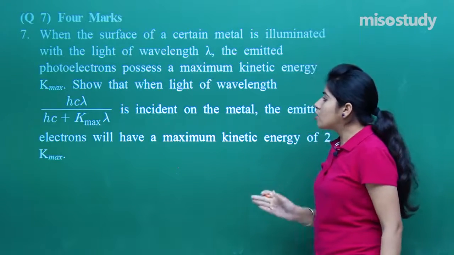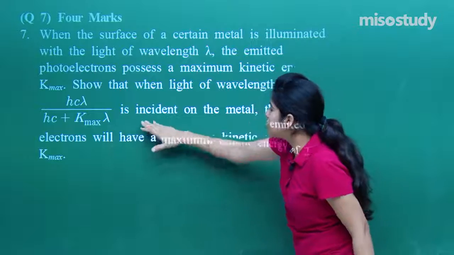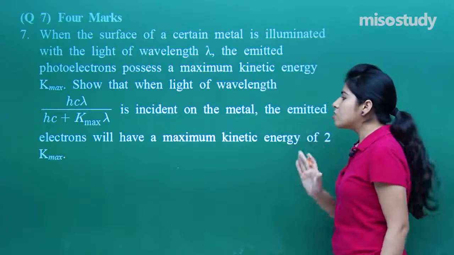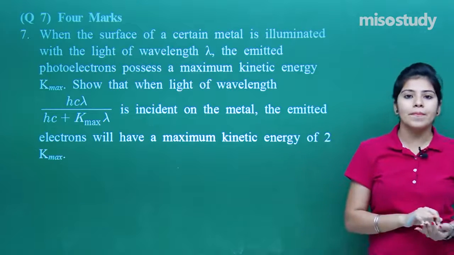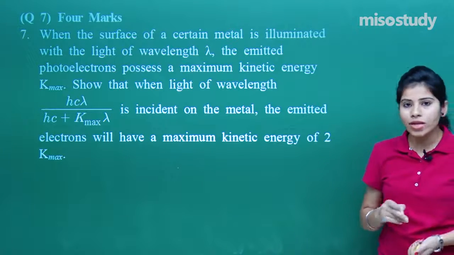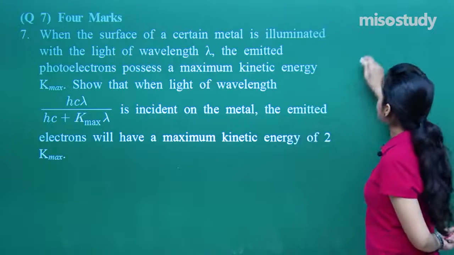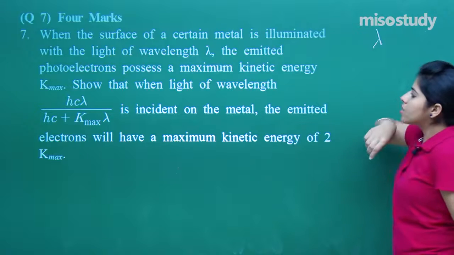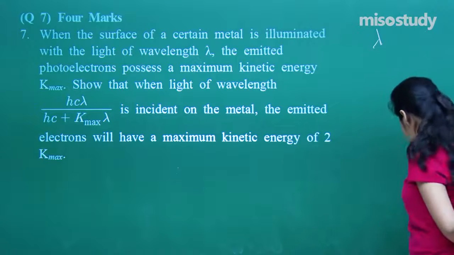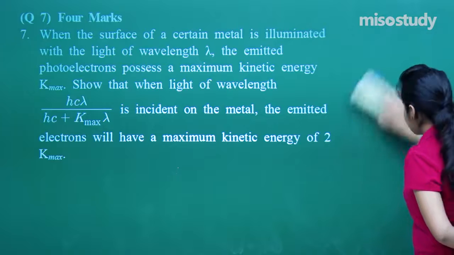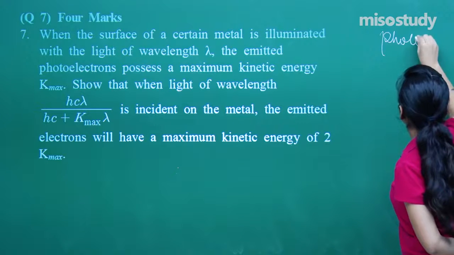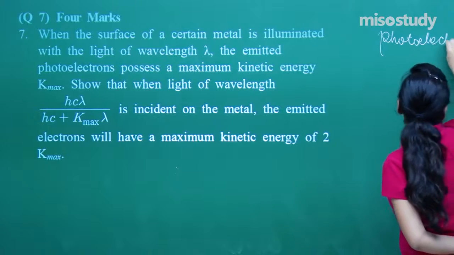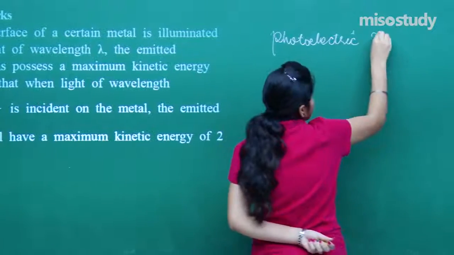Show that when light of a different wavelength is incident on the metal, the emitted electrons will have a maximum kinetic energy of 2 Kmax. Start with the photoelectric equation. That will make the question easier for you.